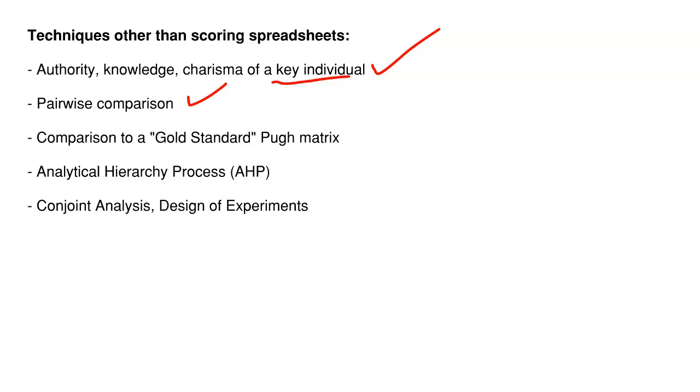Similar to pairwise comparison is comparing each solution to a gold standard or a known standard or something that in the past has been successful. And then you can place that into a plus minus column matrix we sometimes call a Pugh matrix.